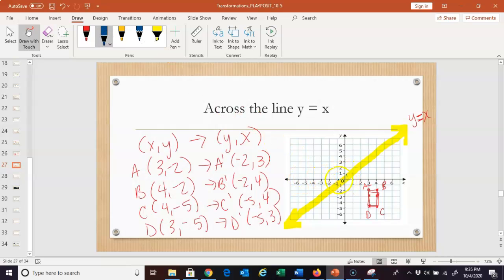So negative 2, 3 is A prime. Negative 2, 4 is B prime. Negative 5, 4 is C prime. And negative 5, 3 is D prime. There it is.